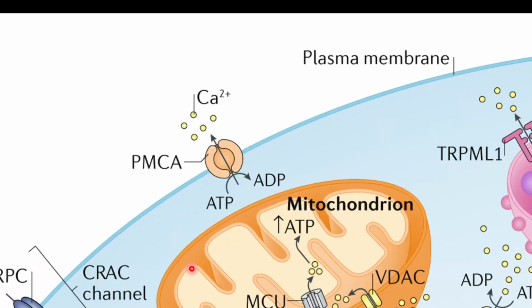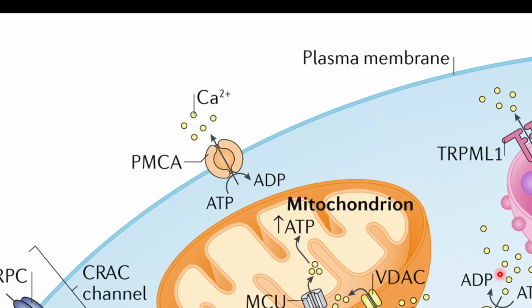Here is a structure for all the complexes, all the organelles involving calcium. Now there are channels on the outer membrane, plasma membrane of the cells, which are called TRPC channels. There are many other pumps which aid in transport of calcium. Mitochondria also utilize calcium via these channels, VDAC channels, MCU complex.